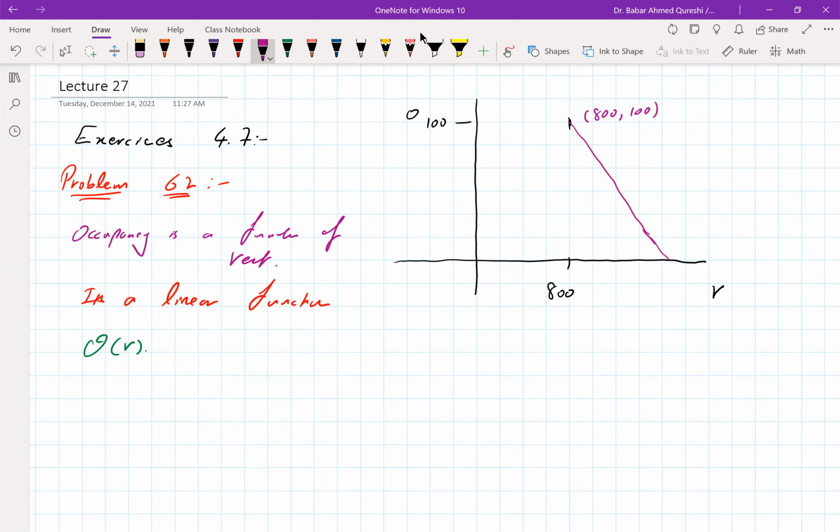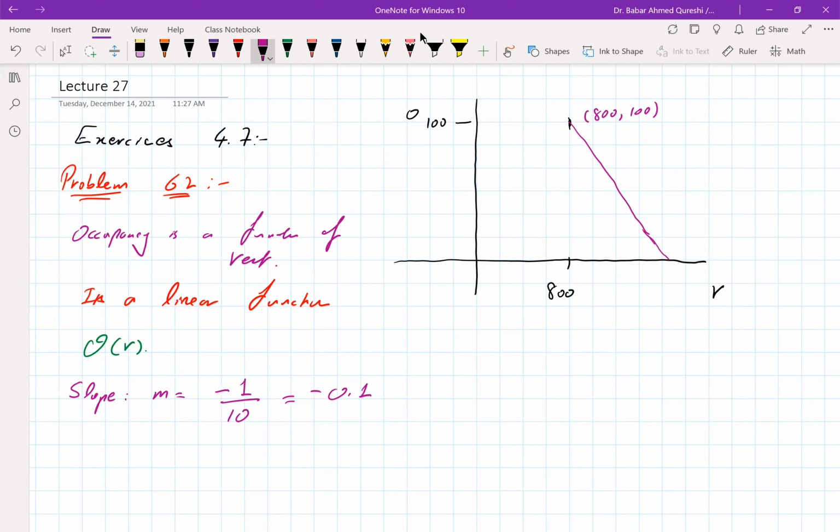And I need to find the slope. So what's the slope? As you increase x by 10, y decreases by 1. So it's minus 0.1.